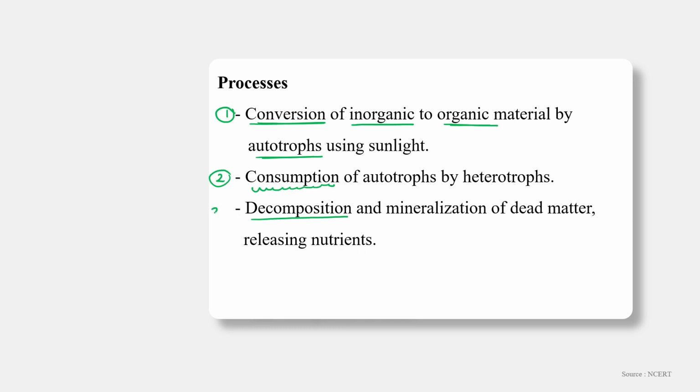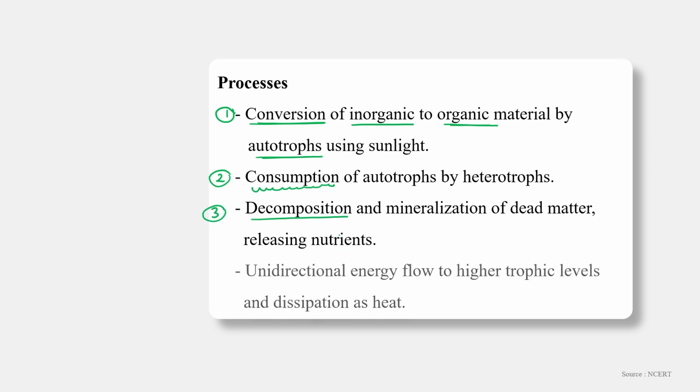Clear? Then there is unidirectional flow of energy from one trophic level to the next, with dissipation as heat, because from one trophic level to another only 10% of energy is transferred and the remainder is lost as heat. Clear? So this is the process.